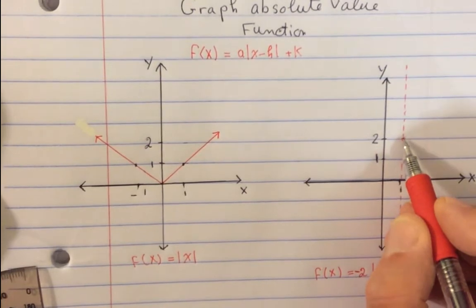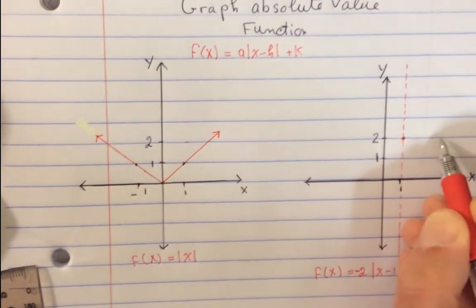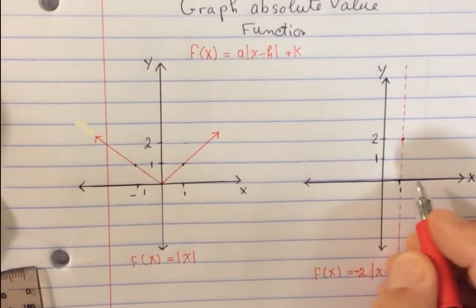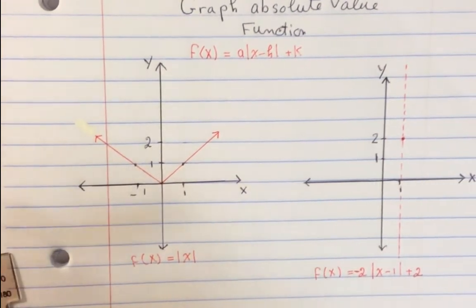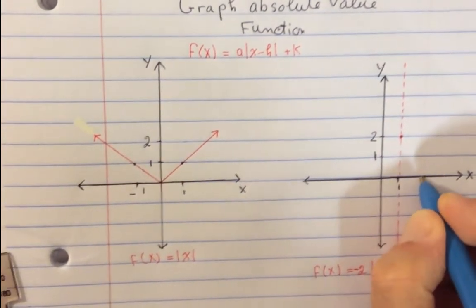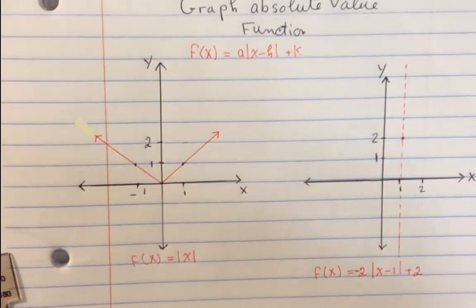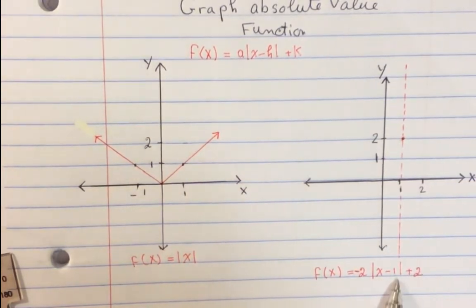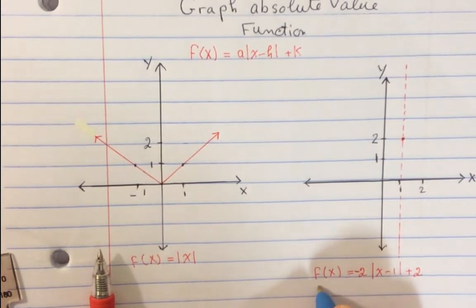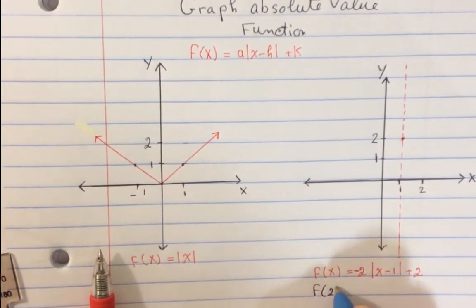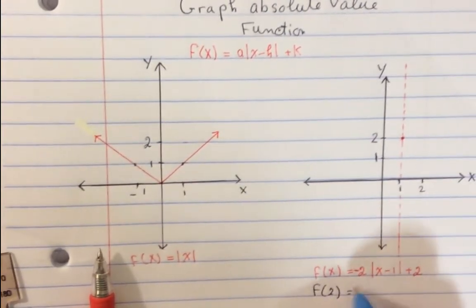So now I need to find one more point to the right of this vertex. So if this number is 1, let's try to figure out the value of the function when x is 2. So we are going to plug in 2 in here. We're going to find f of 2. How do we find f of 2? Replace x with 2.